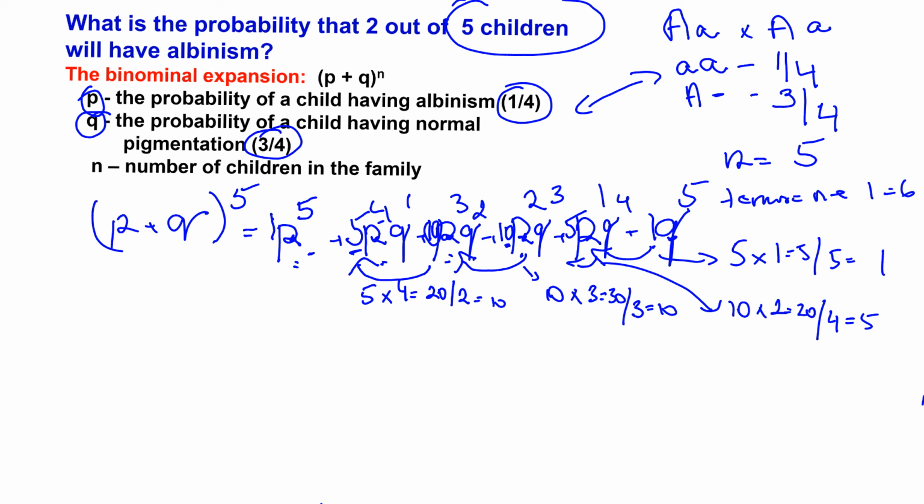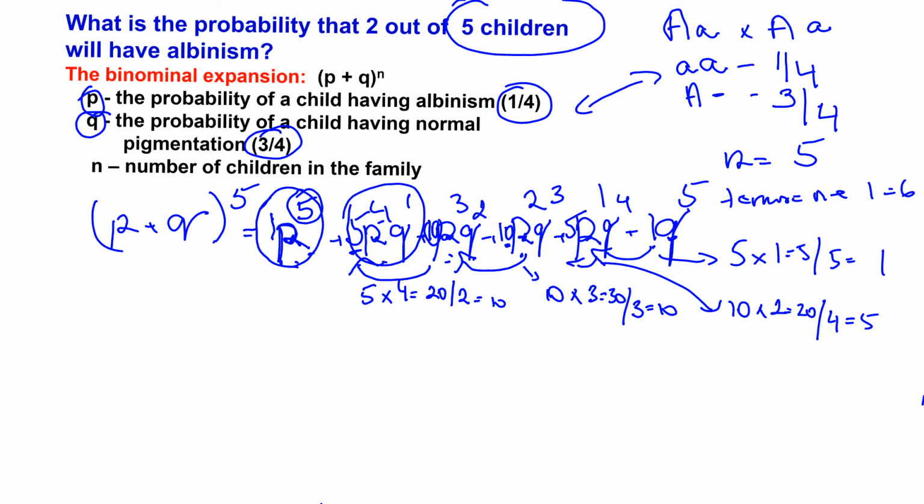P to 5 means that under this scenario, all 5 children will be albino. What about the second term? Here P is 4, so 4 out of 5 children will be albino, and Q is 1, so 1 out of 5 children will have normal skin pigmentation.